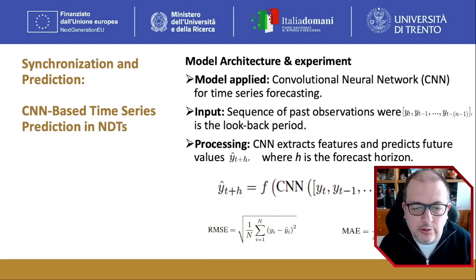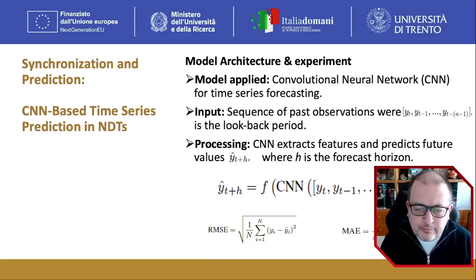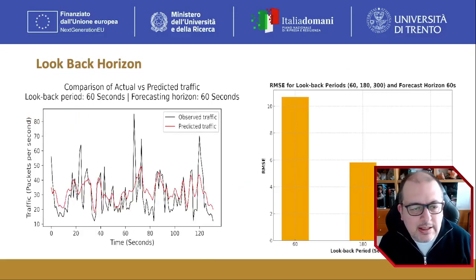In order to do that, we implemented some neural network-based approach, like this that you see in this picture, where we implemented a convolutional neural network to perform time series forecasting of network traffic, with the idea to study which is the proper look-back horizon that can be used in order to perform a proper prediction.